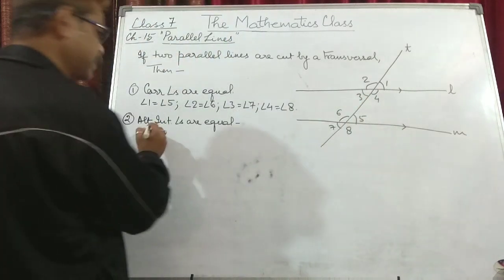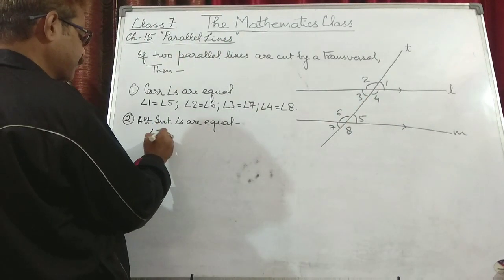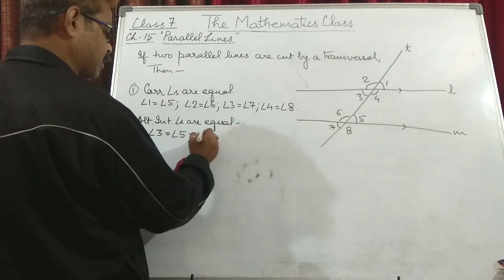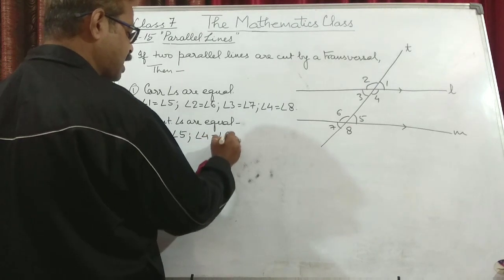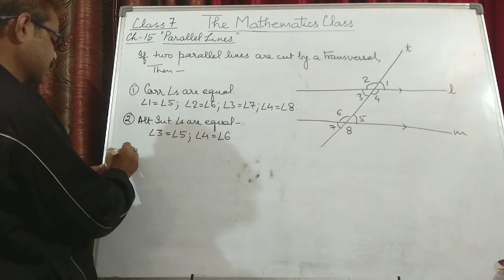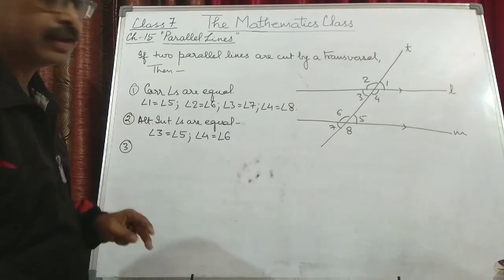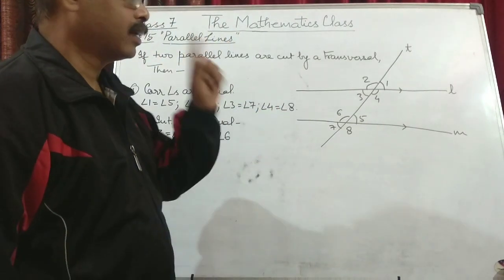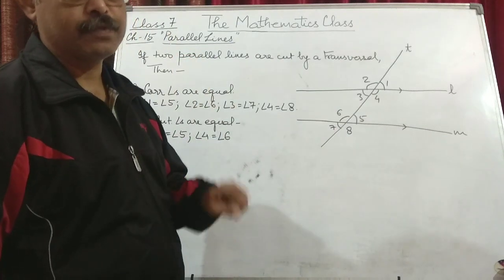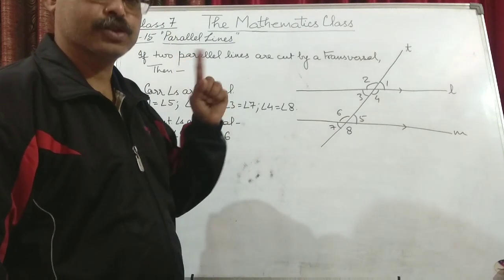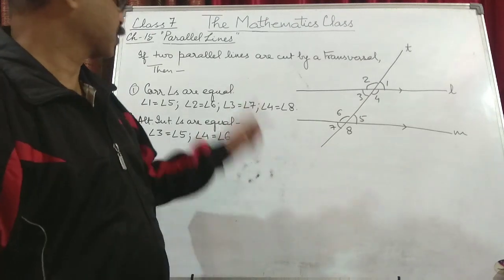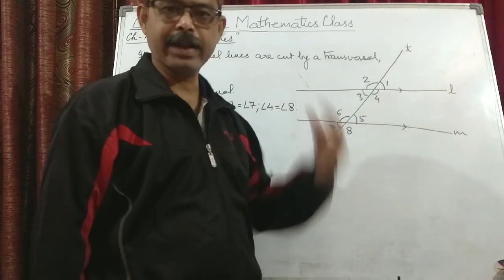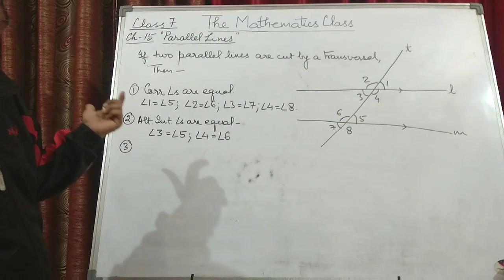So they are equal, meaning angle 3 will be equal to angle 5 and angle 4 will be equal to angle 6. This is the second point, that if two parallel lines are cut by a transversal, then all the pairs of alternate interior angles made will be equal. So there are two pairs, 3 and 5, and the second pair 4 and 6, that are equal. So that is what I have written.